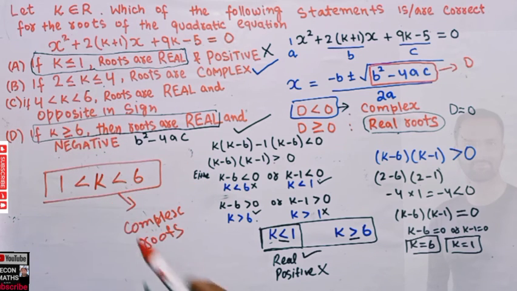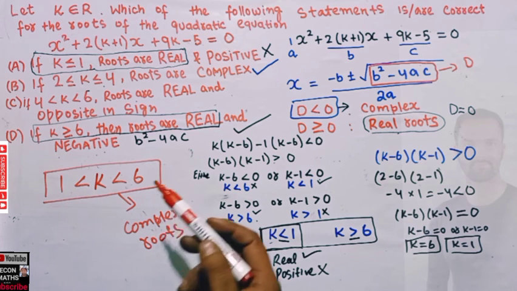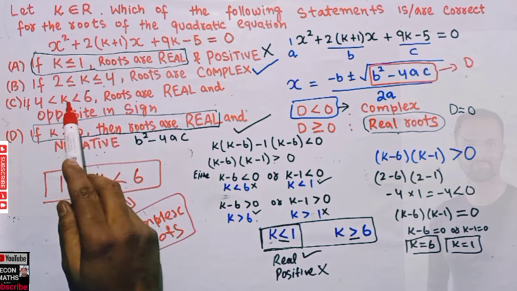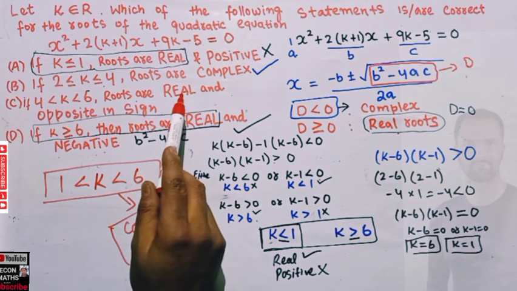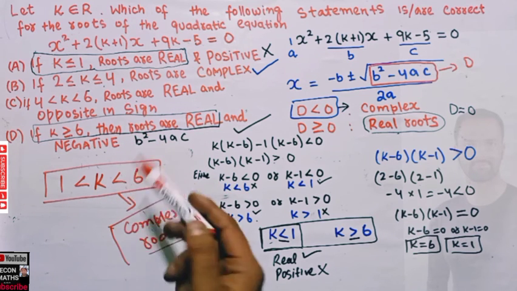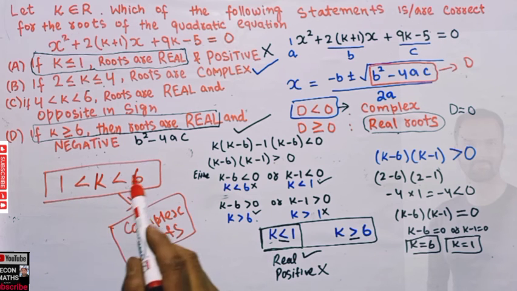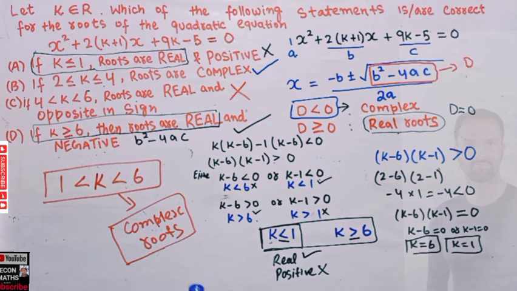Obviously this 4 to 6 will also lie between 1 and 6, but the thing is we will get complex roots, and the option tells us that if k lies between 4 and 6, we will get real roots, of opposite sign. But we are getting complex roots when k lies between 1 and 6. Obviously then this option is not correct.